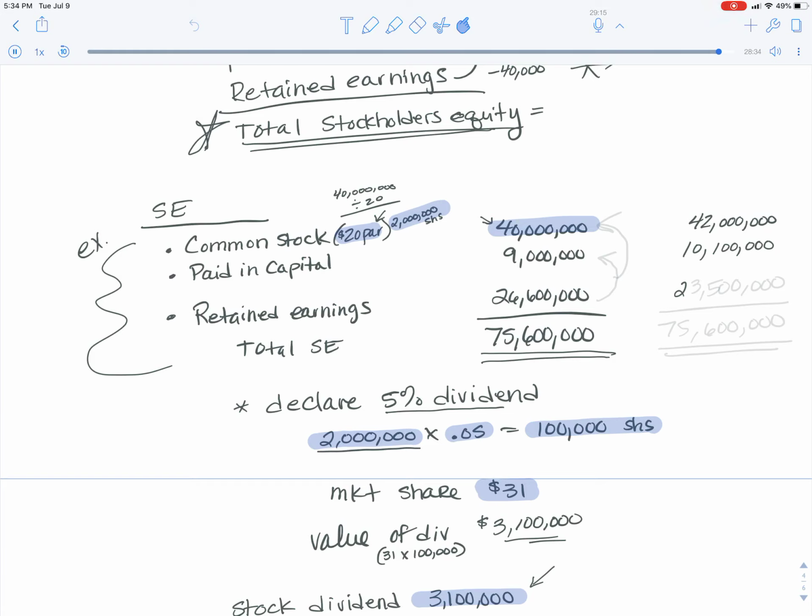So now it's down to 23,500,000. And if you add all this up, you'll see that our total stockholders' equity didn't change. We just moved 1,100,000 into paid-in capital and 2 million into our common stock account.